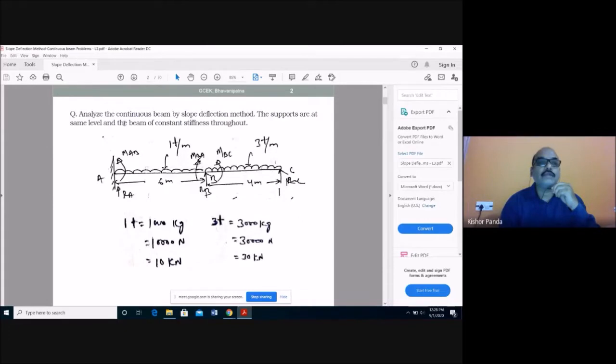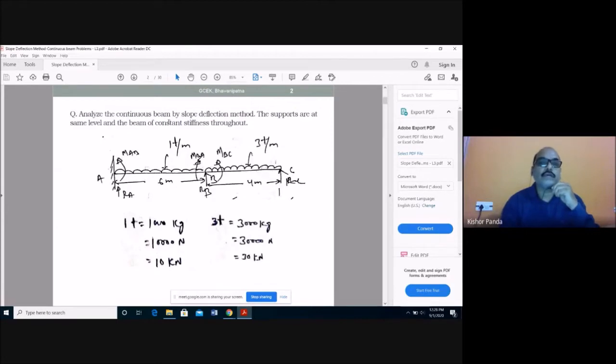The supports are at the same level and the beam has constant stiffness throughout. This is the continuous beam ABC, end A is fixed, and B and C are simply supported. The load is 1 ton per meter on span AB and 3 ton per meter on span BC.